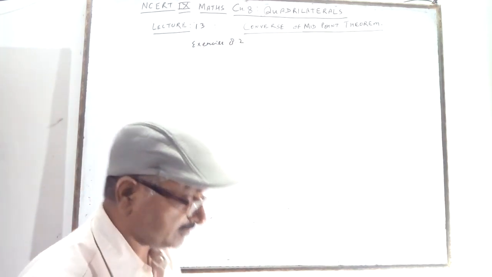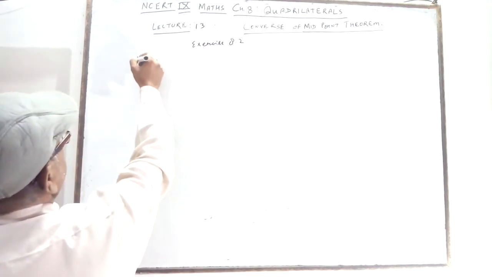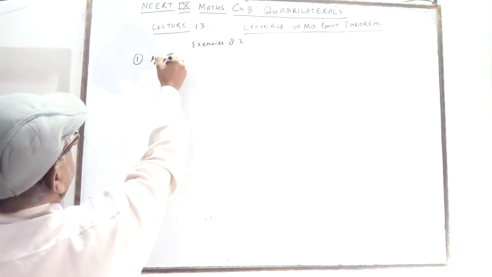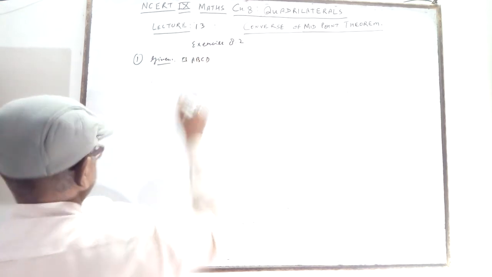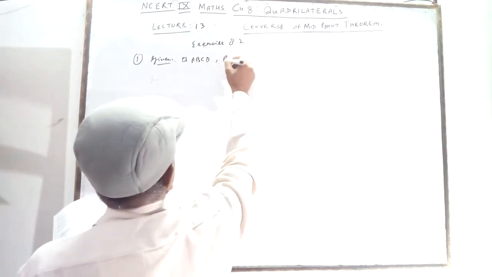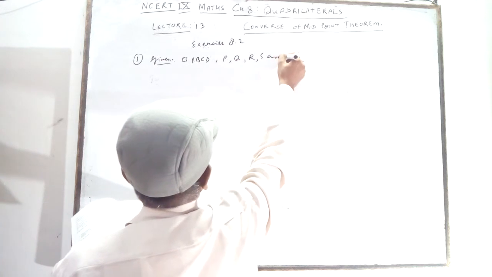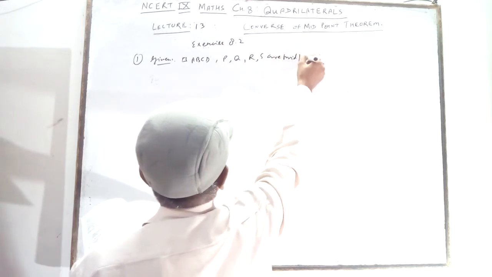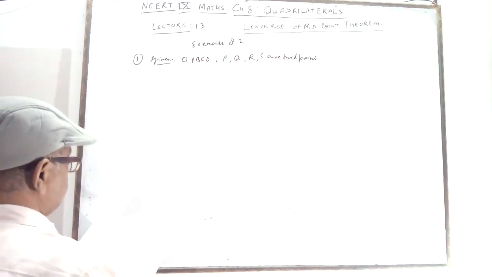Question number 1: ABCD is a quadrilateral. P, Q, R, S are the midpoints of sides AB, BC, CD and AD.